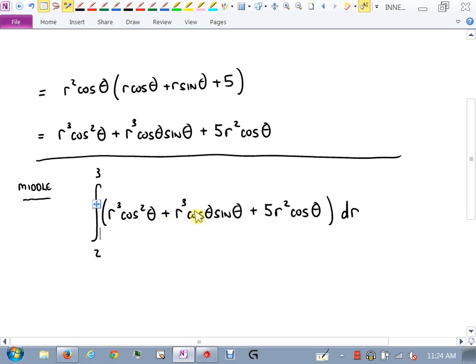Because, I mean, this is 3 terms, and the r is times the cosine squared theta, so that's all a constant. So it's just power rule on these r's.